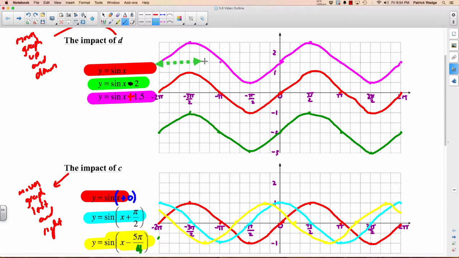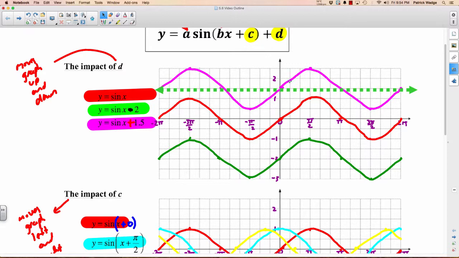Here's the midline of this one. Oh, that's terrible. But anyway, do you see how the y-intercept of this pink function is on the midline and then it moves up to the right? Same with this one. The midline goes right there. The y-intercept is at the midline and it moves up from there. Here's the midline of this one. The y-intercept's at the midline and it moves up from there.